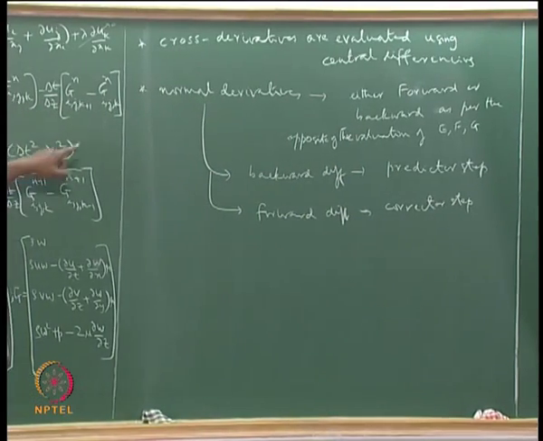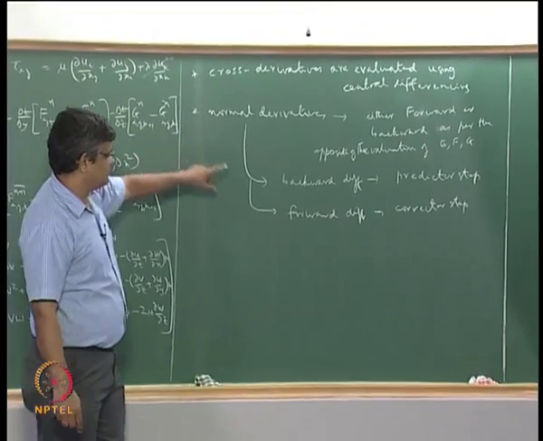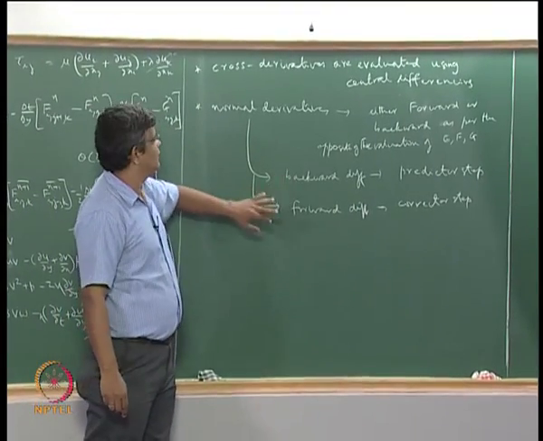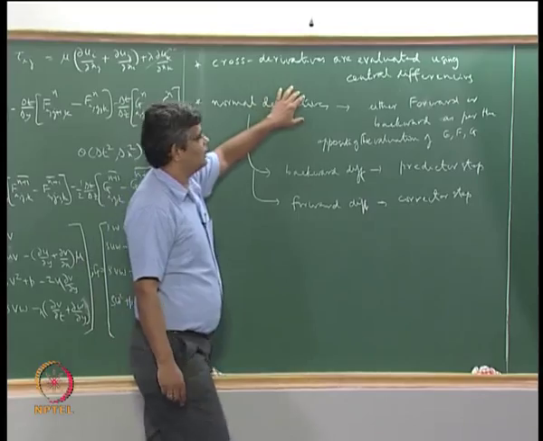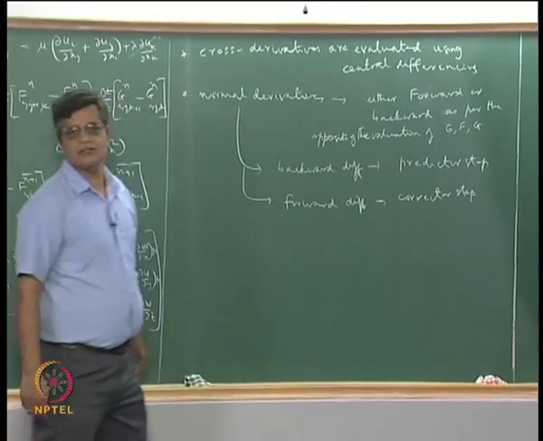Okay, so it's only for the normal derivatives that this will shift. The cross derivatives are always evaluated using central differencing.